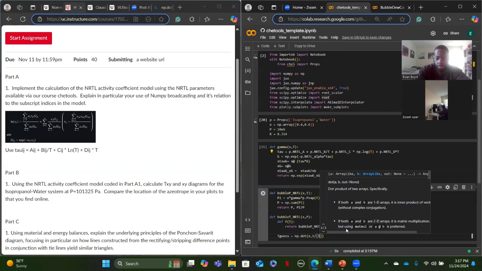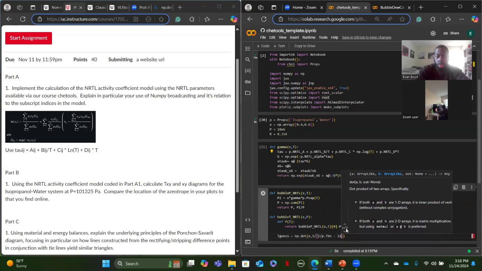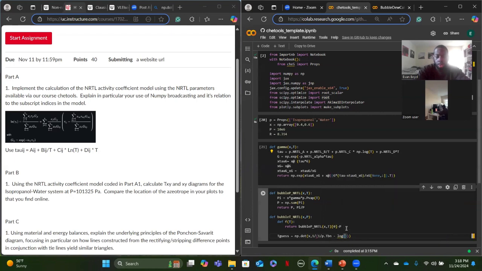So 1 over 1 divided by, and this would be the normal boiling points of our liquids, so TBN, minus log of pressure divided by 101,325, which is our given pressure for this function, and this would be np.dot. Okay.